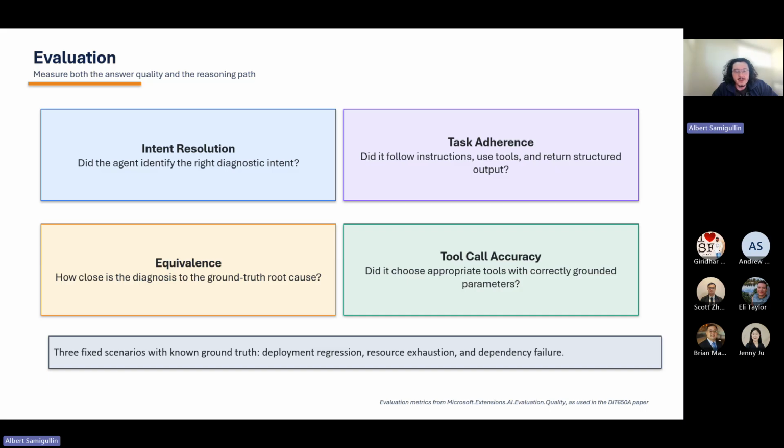And each scenario has fixed telemetry and a known ground truth root cause. Agents return a root cause hypothesis, mitigation step, and tool call trace. And I evaluate both the final answer and the process used to reach it. The metrics include intent resolution, task adherence, equivalence to ground truth, and tool call accuracy.